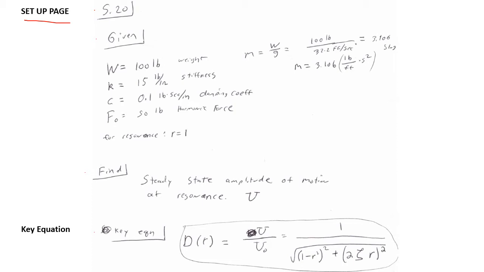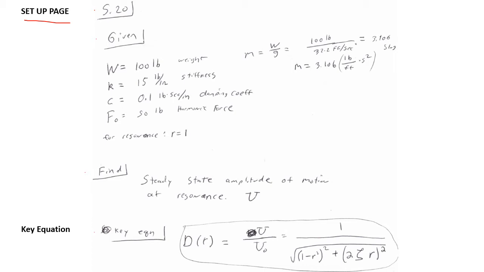One thing I'm probably going to need as I go through these problems is the mass. They give me the weight, but I know that mass is equal to weight divided by gravity, or weight is equal to mg, mass times acceleration due to gravity. We rearrange that and solve for mass. I put in my W, which is 100 pounds, and my acceleration due to gravity in the right units is 32.2 feet per second squared.